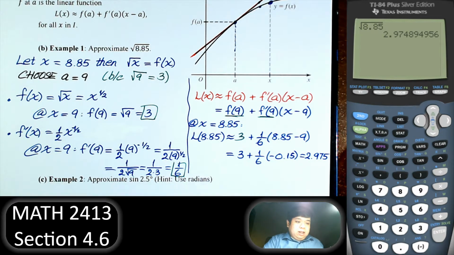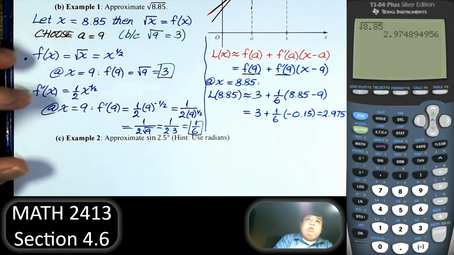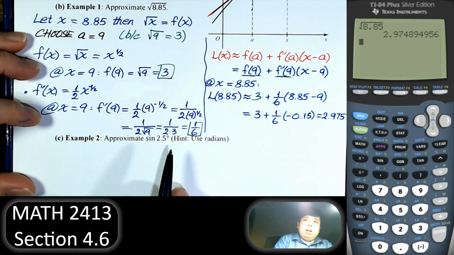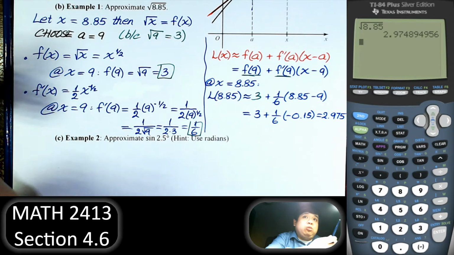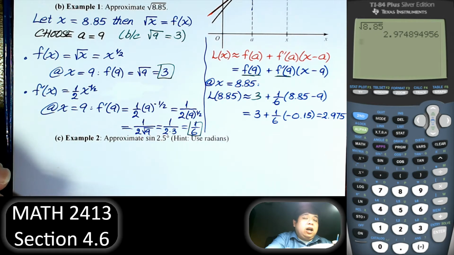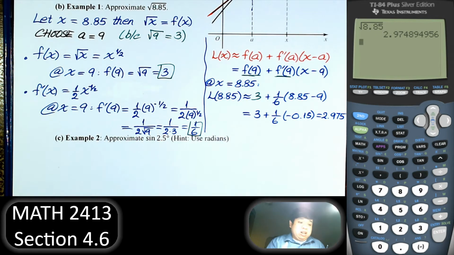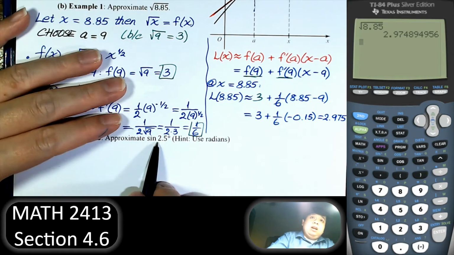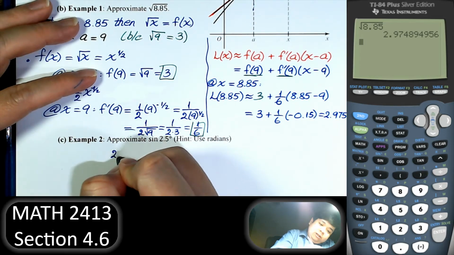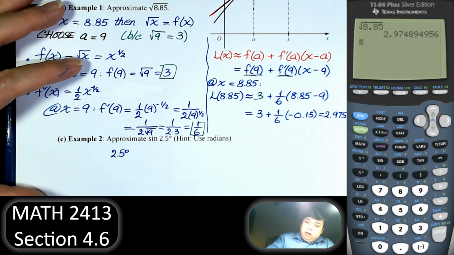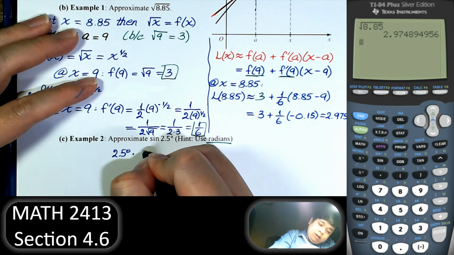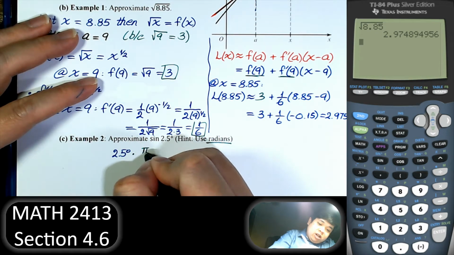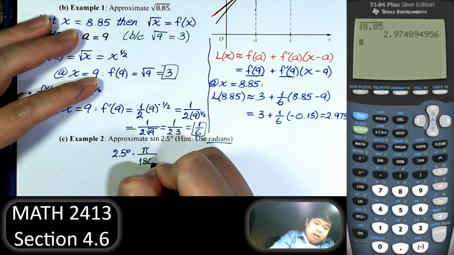Right. Go to the second part of the second example, sine of 2.5 degrees. First, if we're going to graph a trig function or anything, it has to be in radians, so we can draw the tangent line, everything in radians. So 2.5 degrees, if we convert to radians, we put pi on the top and 180 degrees at the bottom.